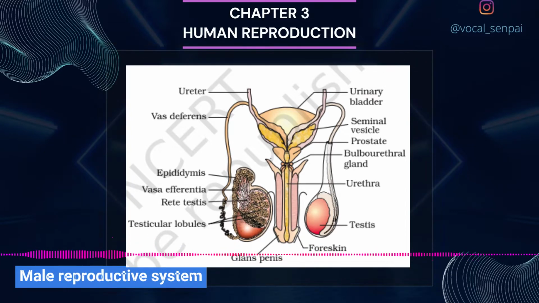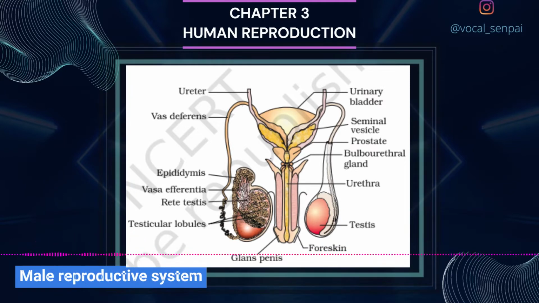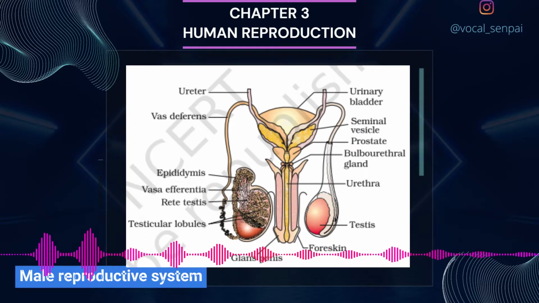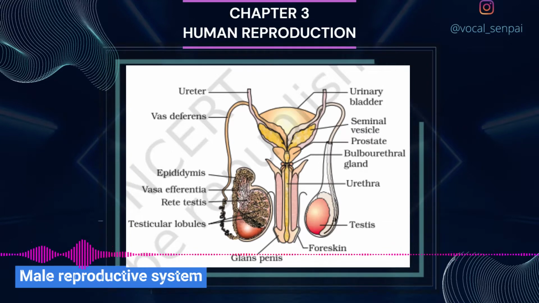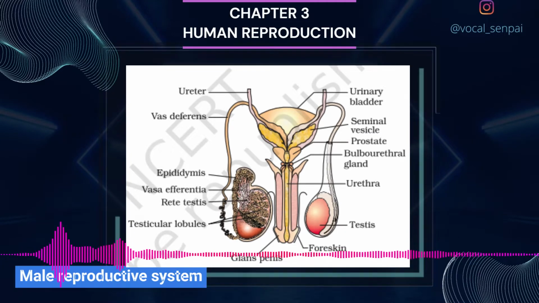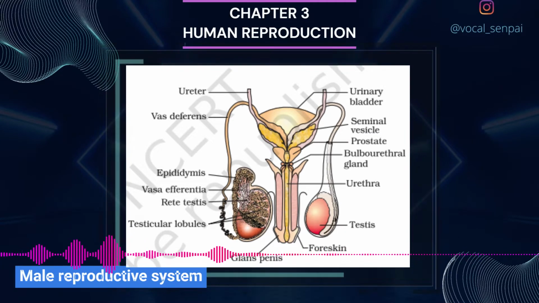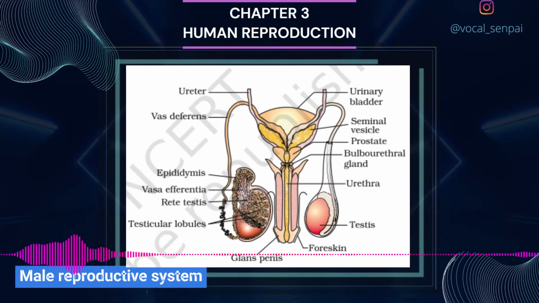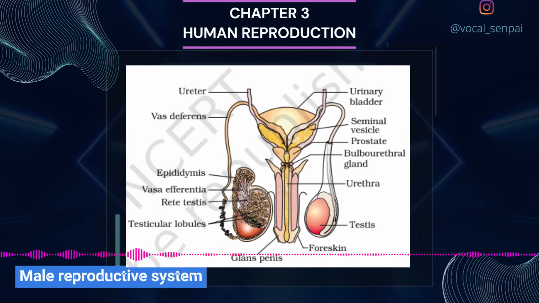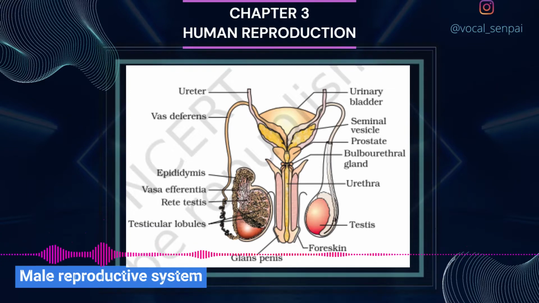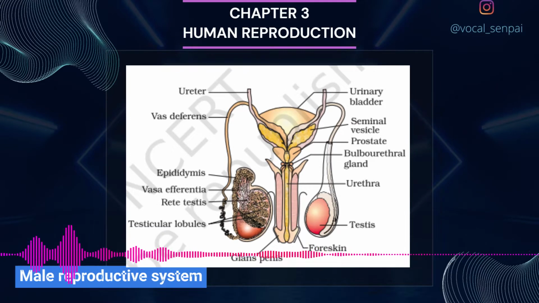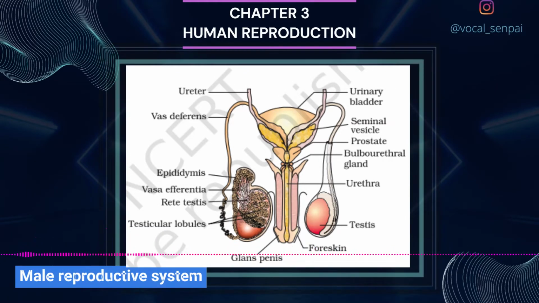The male sex accessory ducts include rete testis, vasa efferentia, epididymis, and vas deferens, figure 3.1b. The seminiferous tubules of the testis open into the vasa efferentia through rete testis. The vasa efferentia leave the testis and open into epididymis located along the posterior surface of each testis.